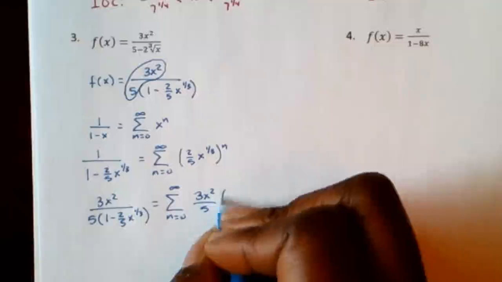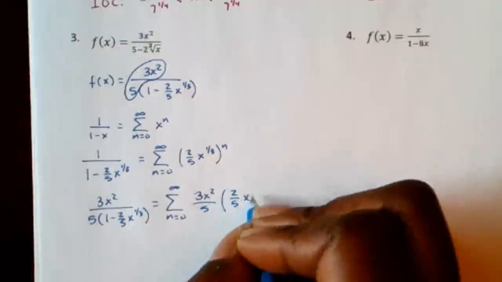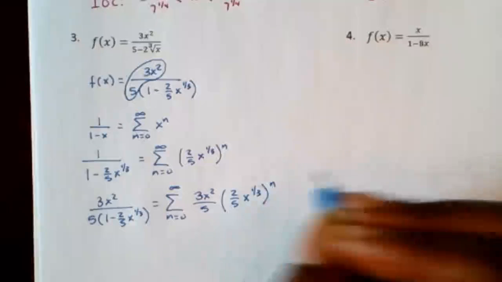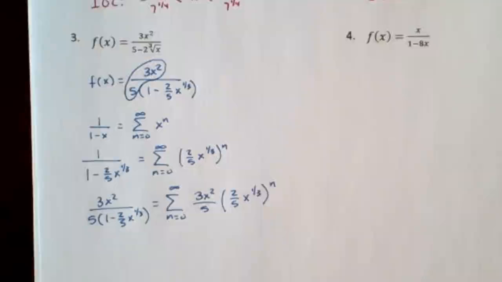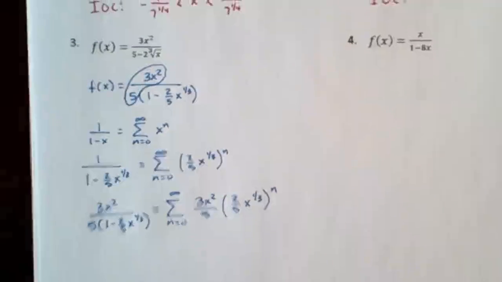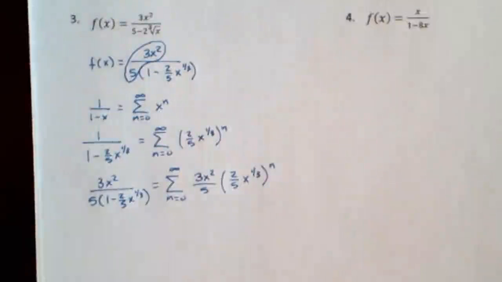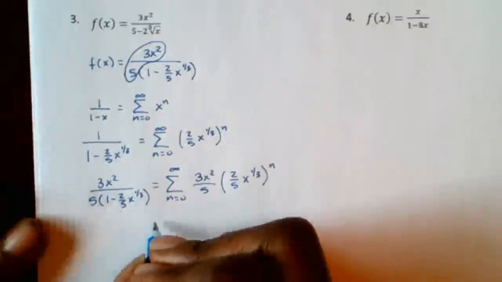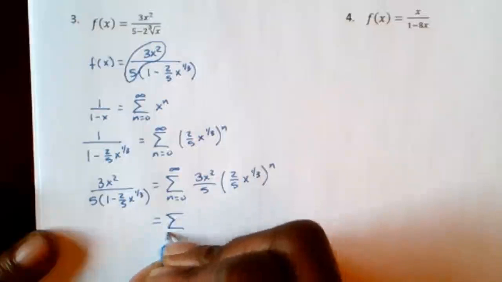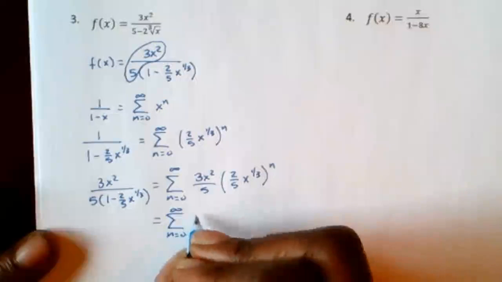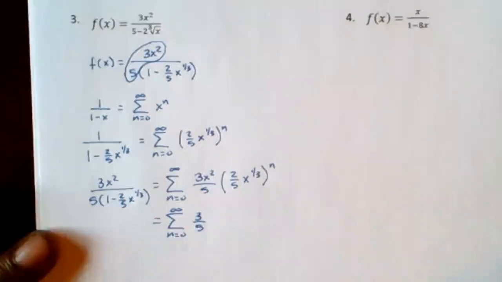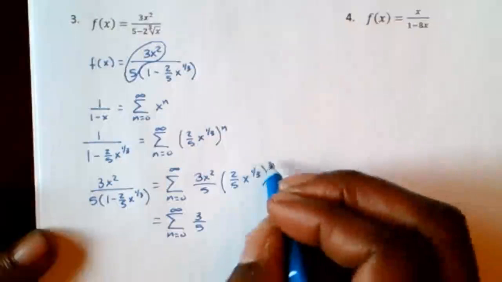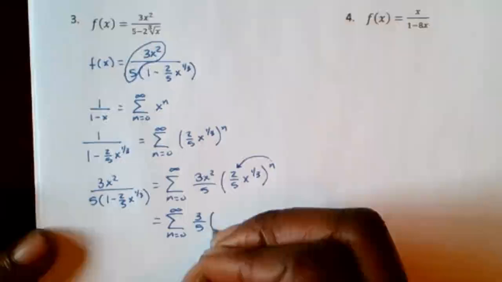So I write that in front, and then I have my 2/5 x to the 1/3 to the n. Now again, technically I'm done, but I need to write it so it looks like a nice little power series. So what I'm going to do is rewrite, and I have the sum as n equals 0 to infinity. I see my 3/5. I see 2/5 to the n.